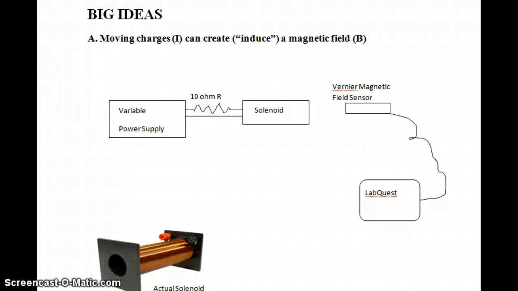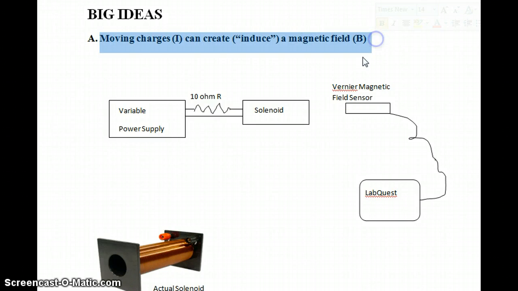For each of the big ideas, I had a statement that, for example, moving charges can create a magnetic field, and then a simple diagram of the kinds of materials that would be used in the exploration. So here's the induction of a magnetic field because of moving charges, because of current running through a solenoid.